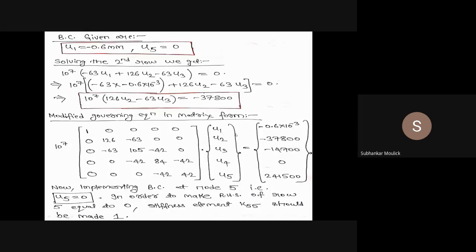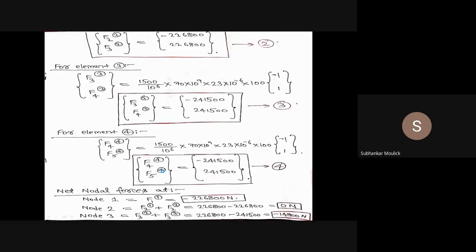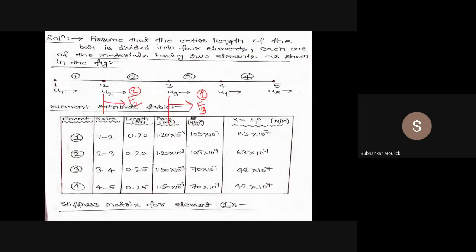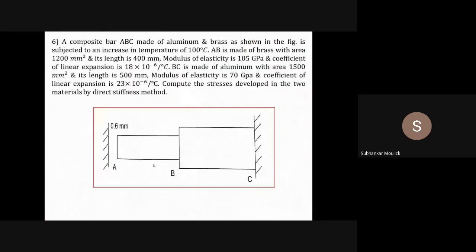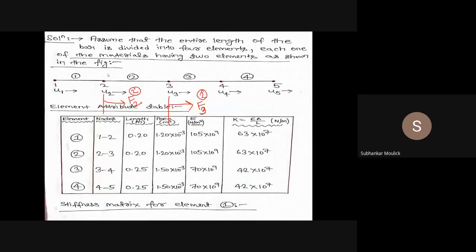Now see the second row. If I see the diagram, the second node, third node, and fourth node should be having some displacement values because they are not fixed. If they are not fixed, then the corresponding RHS cannot be equal to 0.